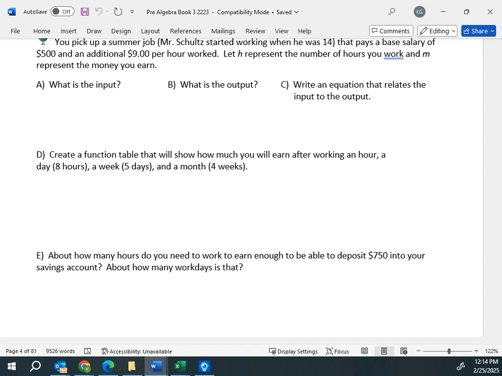So, looking at all of our questions, A, B, C, D, and E, can you figure out what the input is going to be? Christina, how did you figure out it was hours?